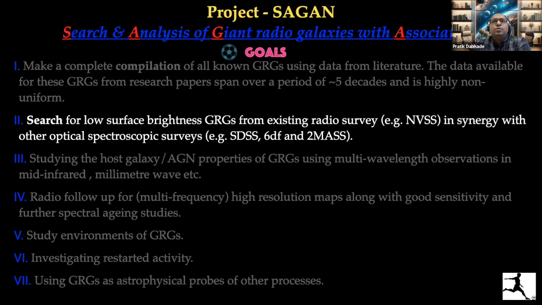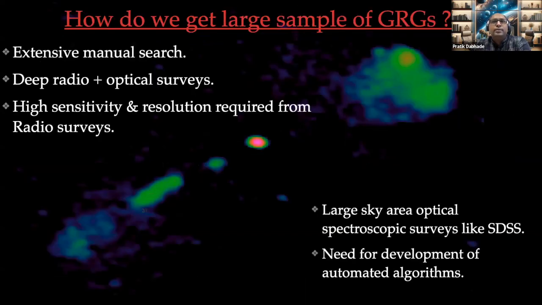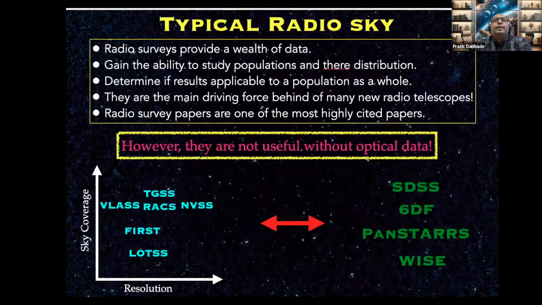Next was to search the available radio surveys of the time and see if we could grow the sample, not just rely on what had been discovered in the past 40 years. So how do we get the sample? Of course, take the radio data and optical data, overlay them and look for extended objects, but that's not easy.